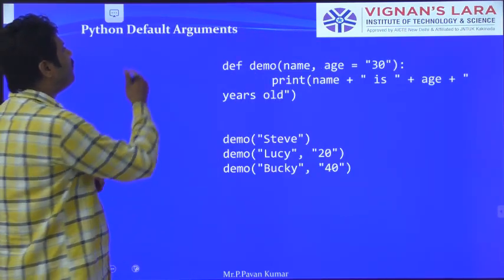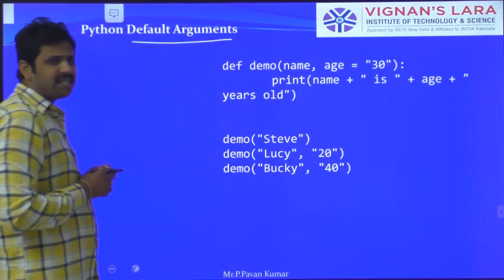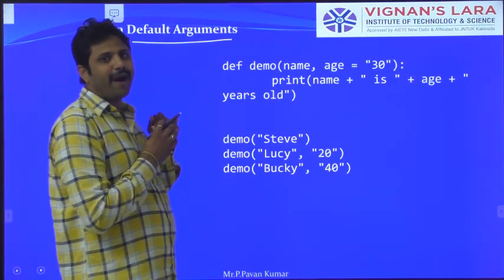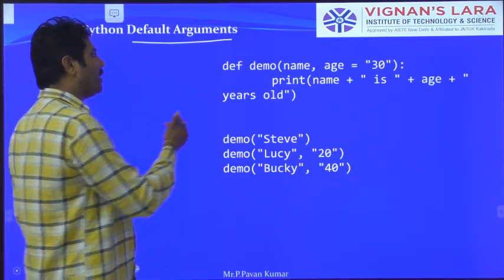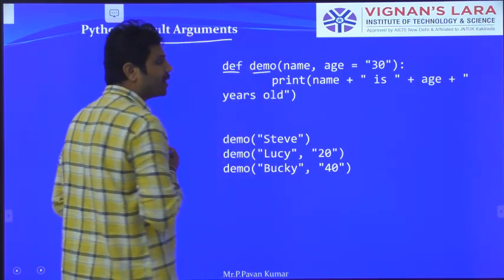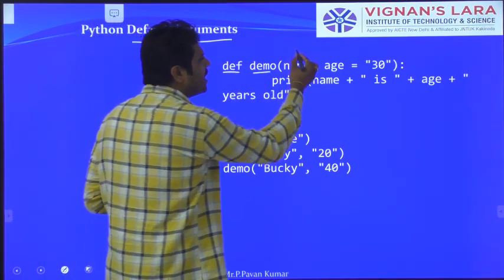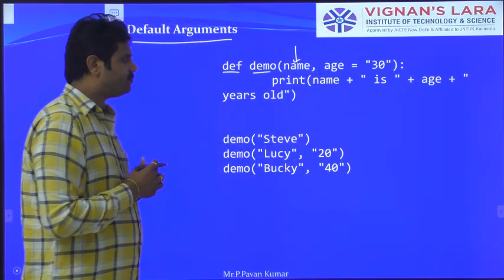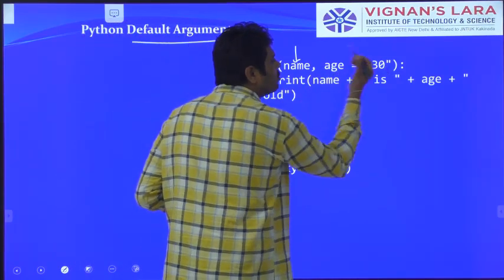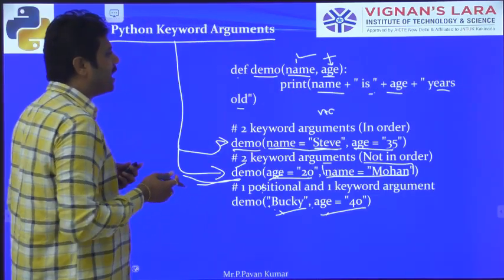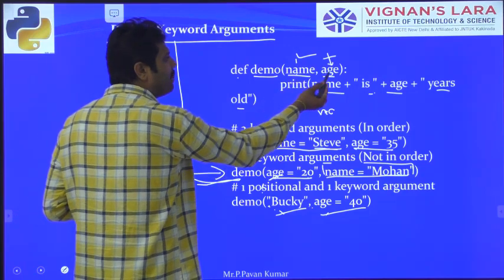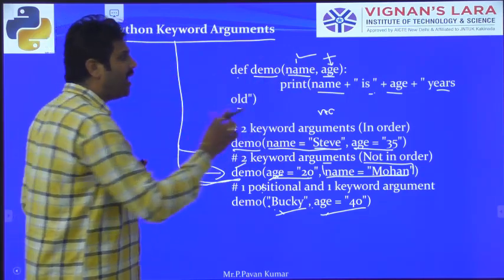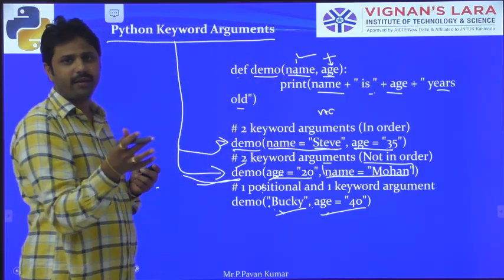Next, default argument. What is default argument? Let us define a function demo again. Def demo, and I write name here, age equals to 30. Previously, observe, I simply called name and age. I had not mentioned age equals to 30 or 40 over there.